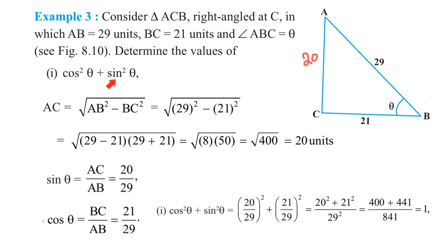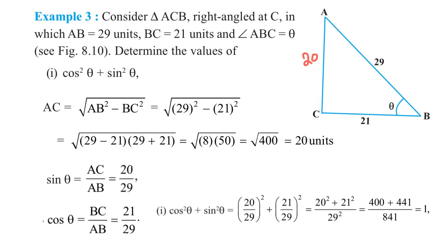Cosine squared theta plus sine squared theta will always be equal to 1. Why? Because the trigonometric ratios, as long as the angle is the same, the lengths of the sides don't matter. So as long as the angle remains the same, irrespective of the length of the sides of the triangle, the value of the ratio will remain the same.